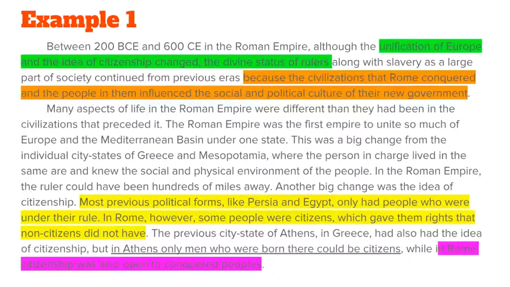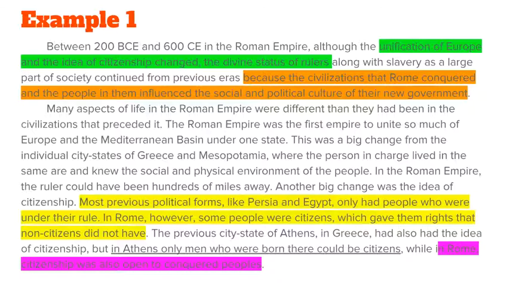But notice I'm not highlighting in green all of the topics that this student included in their thesis statement, because one of these topics, one of the continuities, is not a method of imperial administration. Unification, citizenship, and divine status of rulers would all go under that big umbrella of imperial administration, ways the government rules over or imposes control on its people.